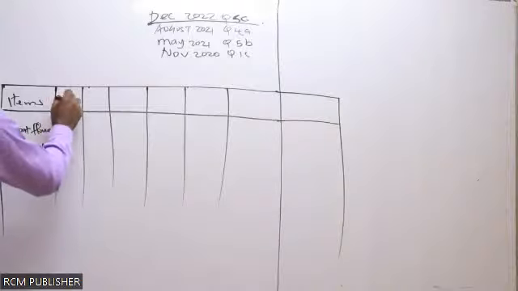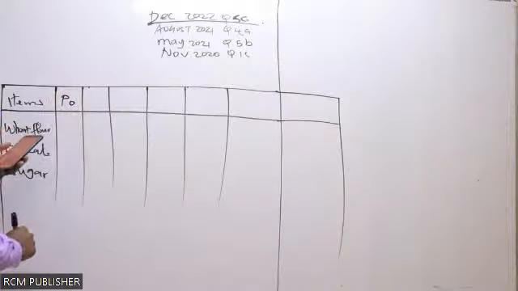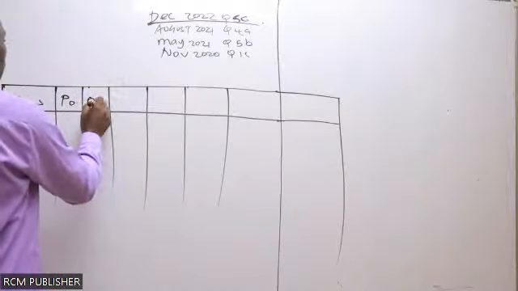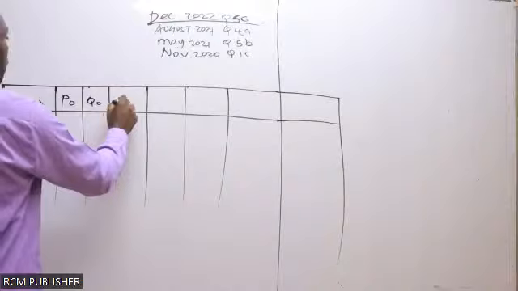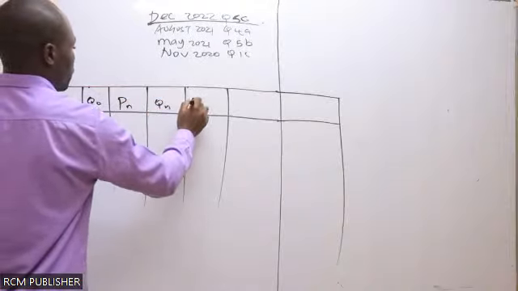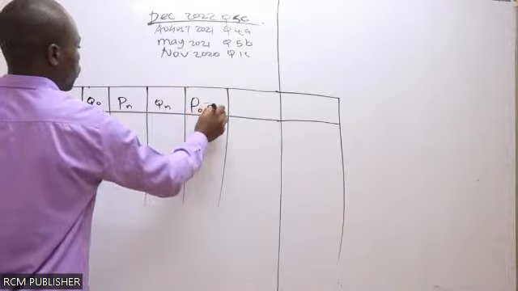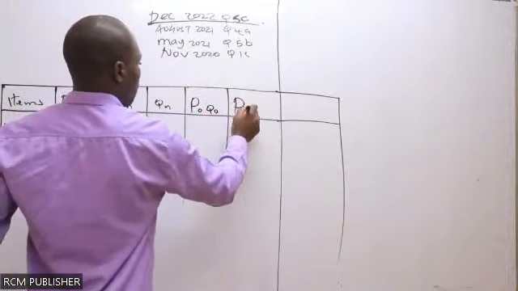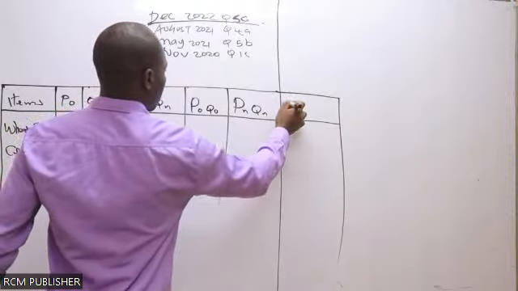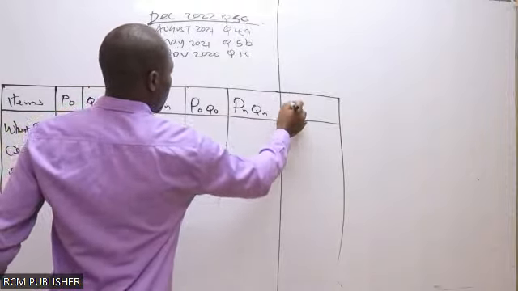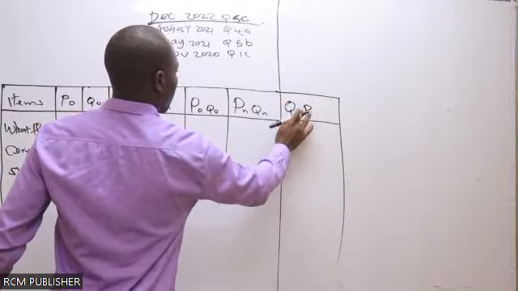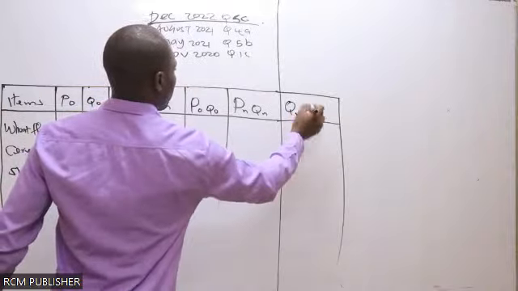So PO, the price in the year 2020, which we have been told is the base year, you need to have QO. QN will be somewhere. Then PO, QO, QN, QN. And then QO, PN, QN, PO.